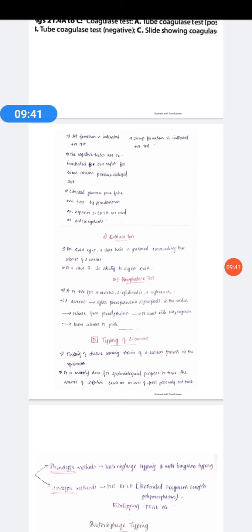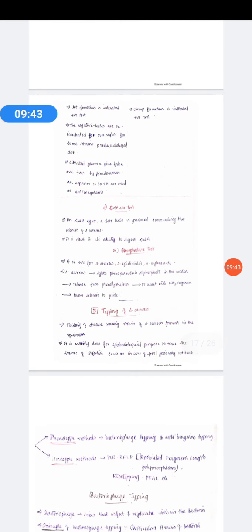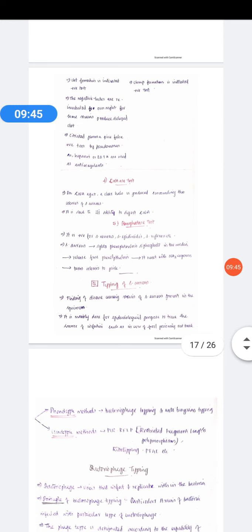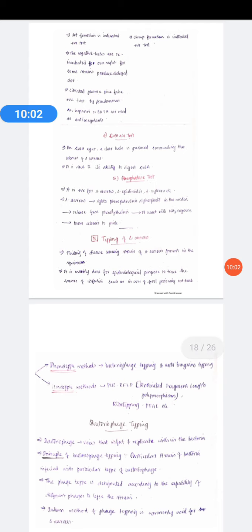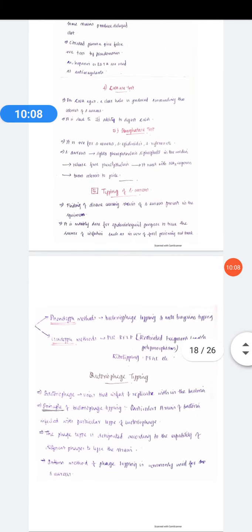So for that we wait overnight. Then citrated plasma gives a false positive in the tube coagulase test, caused by Pseudomonas bacteria. So what we do is use heparin or EDTA as anticoagulants. We do not use citrated plasma in the tube coagulase test.